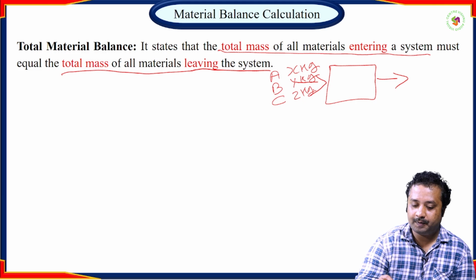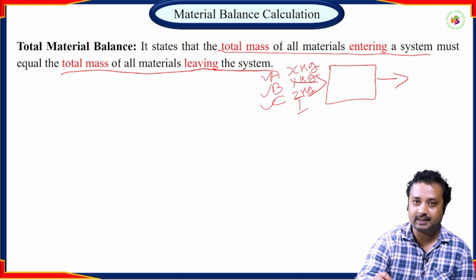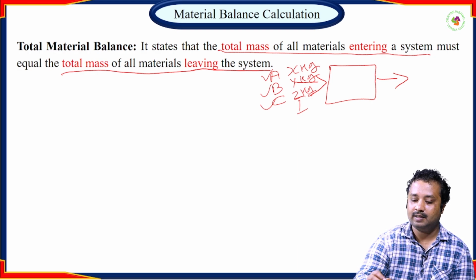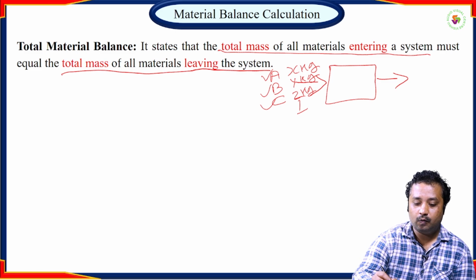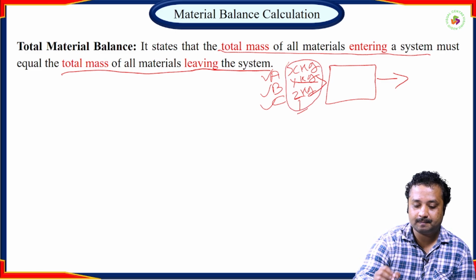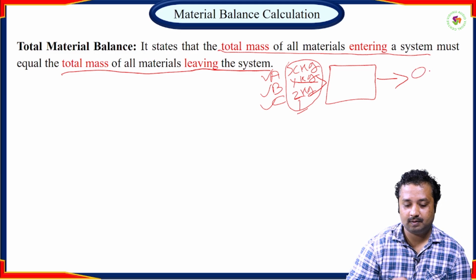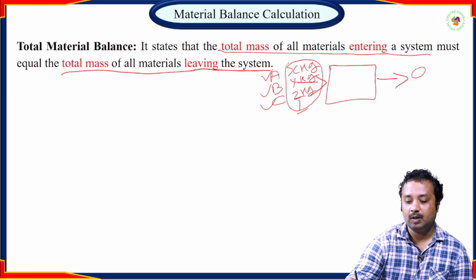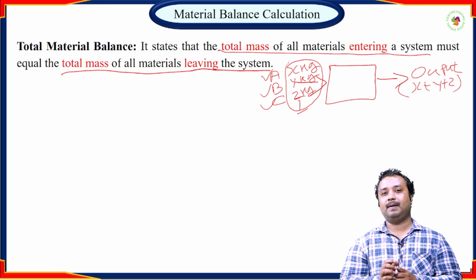All 3 are entering as input with respective weights X kg, Y kg, Z kg. So this is our system. According to total material balance, whatever the total input, it should be equal to the total output. It means in the output, whatever we get, the total should be X plus Y plus Z kg. This is called total material balance.